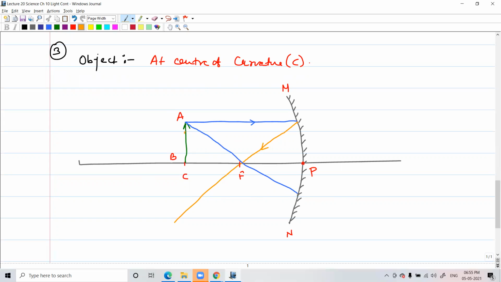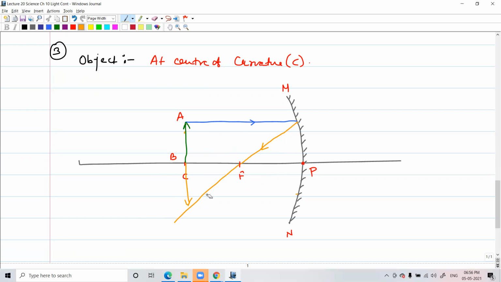We can also make another ray go, where the point of incidence will be the pole. That's your choice. You can do that, but then you will have to draw the reflected ray in such a way that it goes and meets at the center of curvature. A little difficult to draw. That's why I'm taking this one.